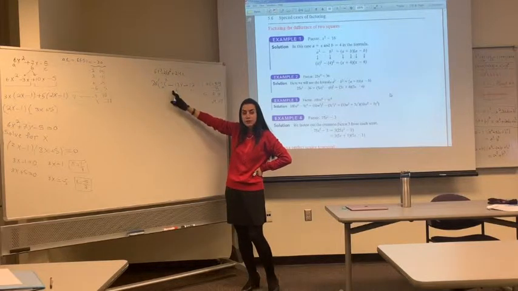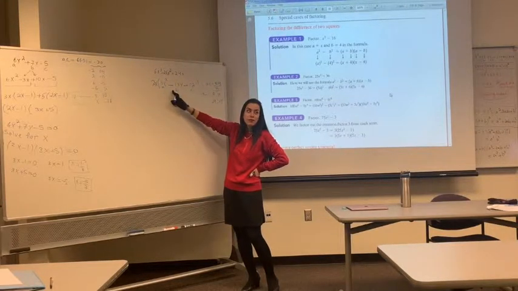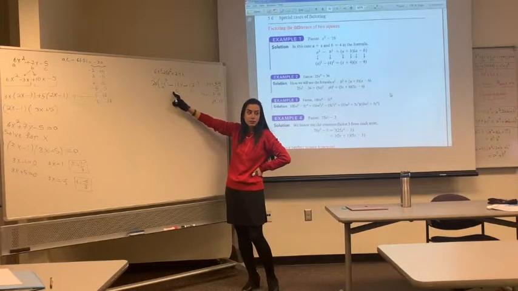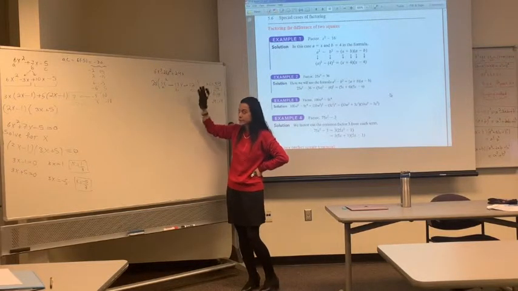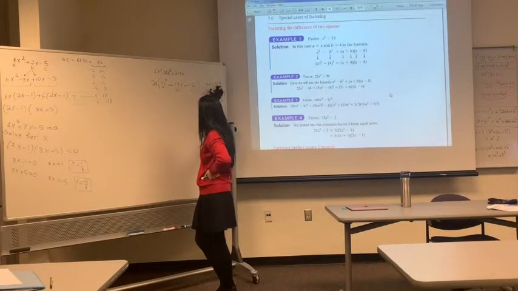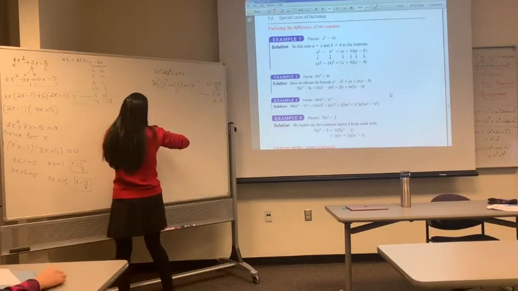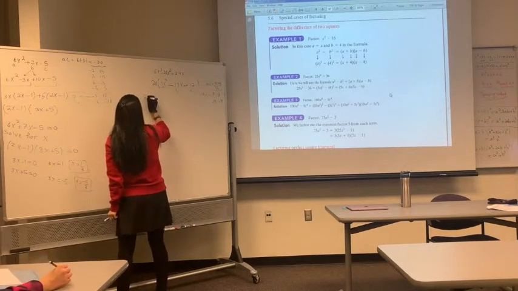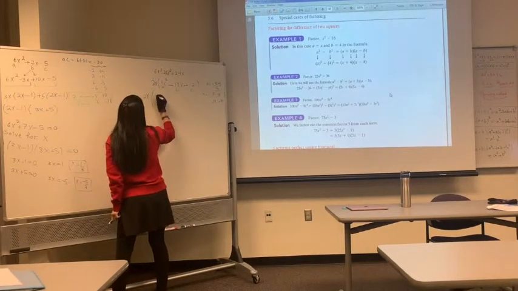If we didn't have a coefficient for x squared, we could use the m and n method: x plus m, x plus n. But when we have this form, we should use a times c. Okay, so now I'm going to break down bx. Don't forget, this one is outside.